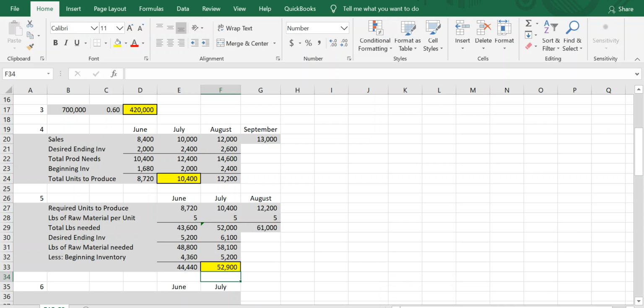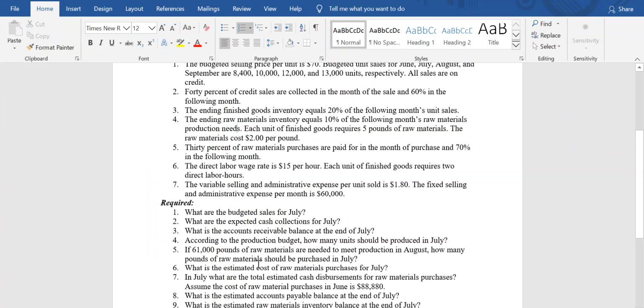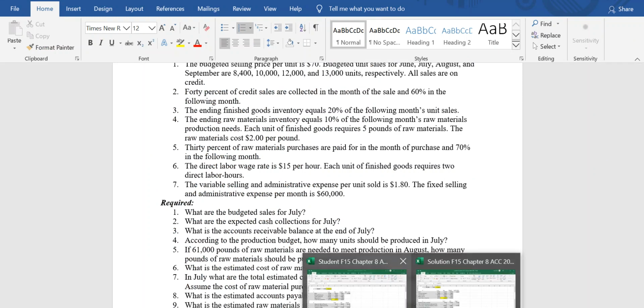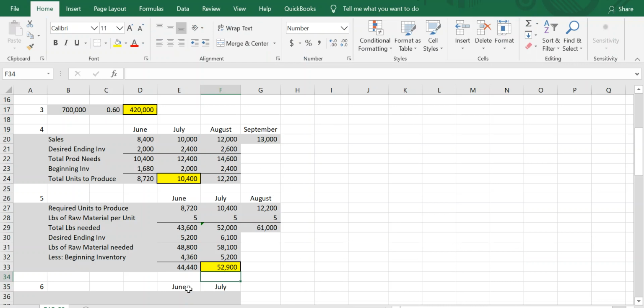Number 6 on this schedule is, what is the estimated cost of raw material purchases for July? Well, we're going to look at that here and calculate it. So if we take the actual cost of raw materials purchased in July, it's going to be $2 a pound.